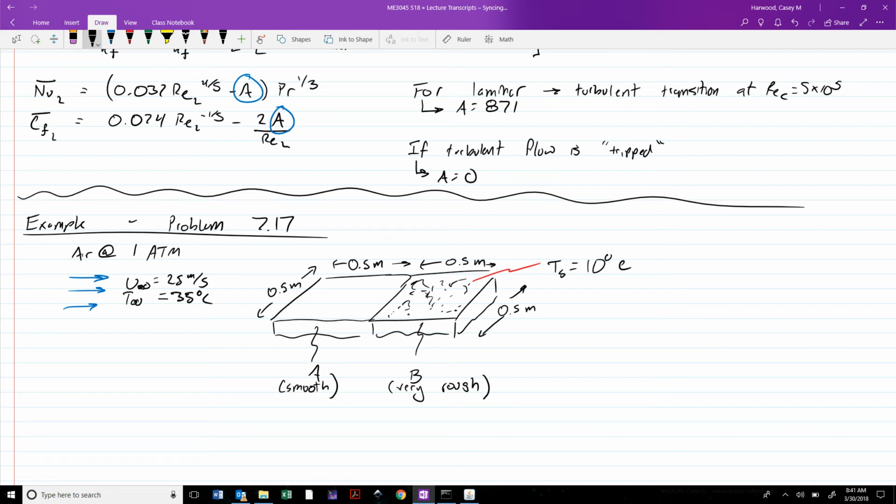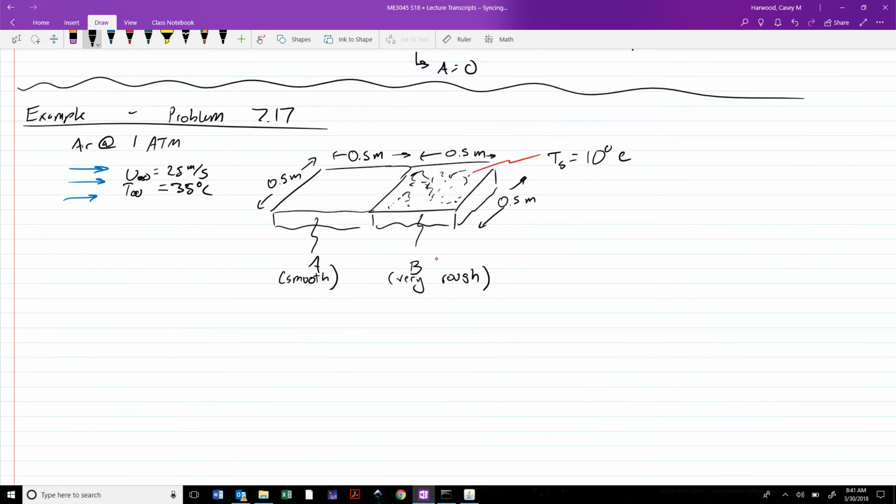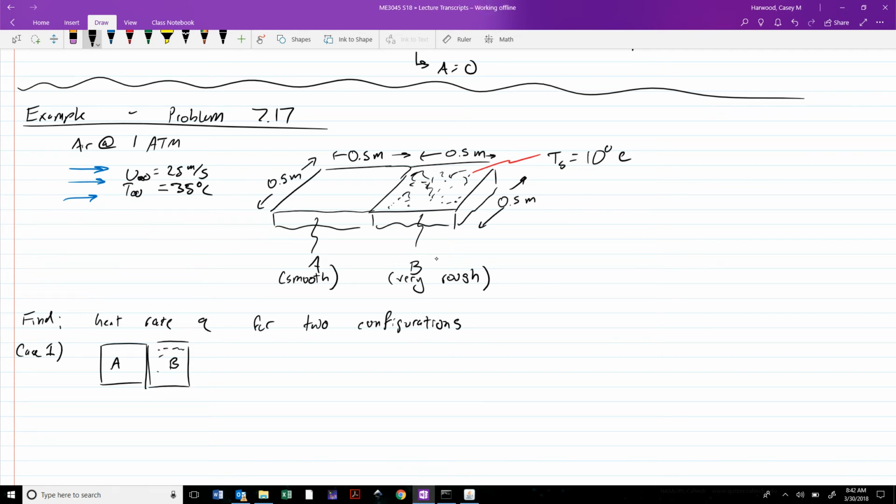So what we're going to try to do is find the heat rate Q for two configurations. For A, or we'll say case 1, so we don't confuse our plate A with case A. Case 1, we're going to have it just like it's shown in the sketch, with the smooth plate followed by the rough plate.